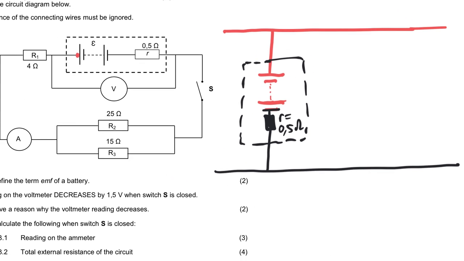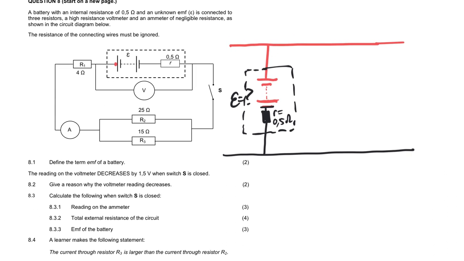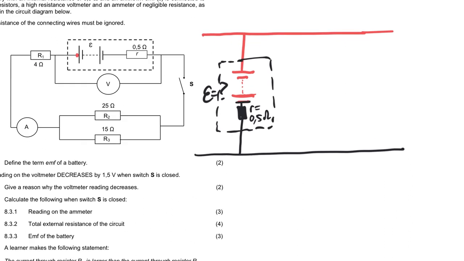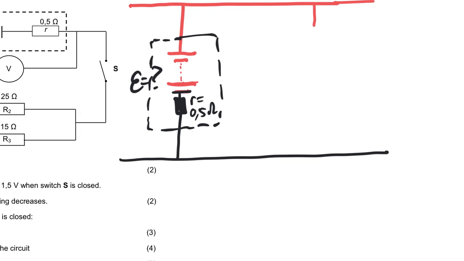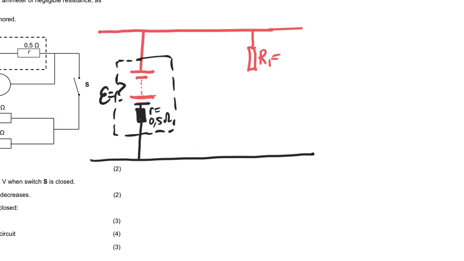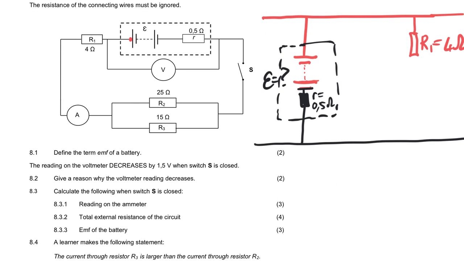We do not know what the EMF is. Then I'm going to go along there. We hit a resistor. We are always going to put resistors between the rails when using the rails format. So this is going to be resistor 1, and that's going to be 4 ohms. Then as we continue to follow, we hit an ammeter, and then we encounter these 2 resistances.